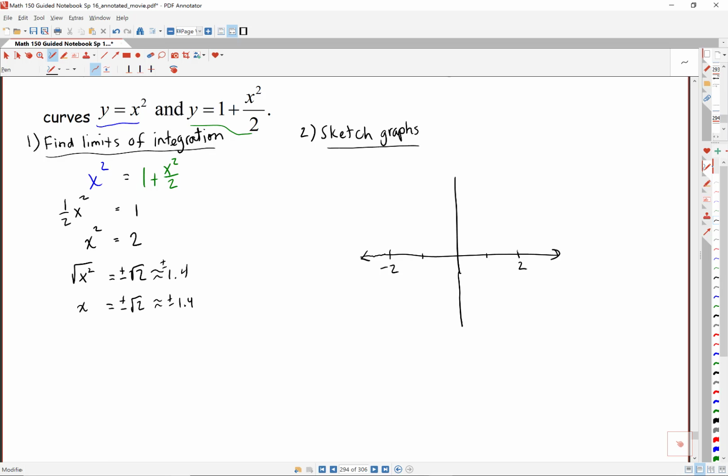And when we figure out, we will have for x squared, right?